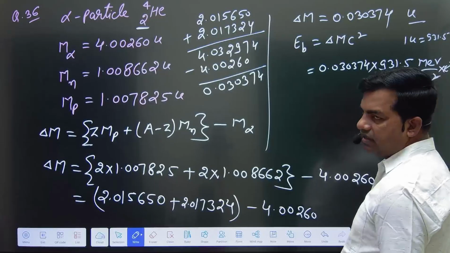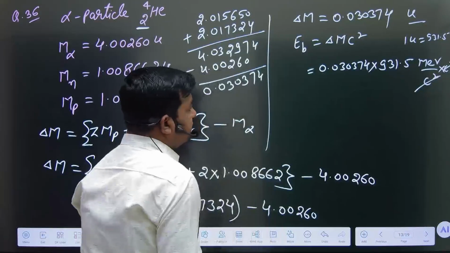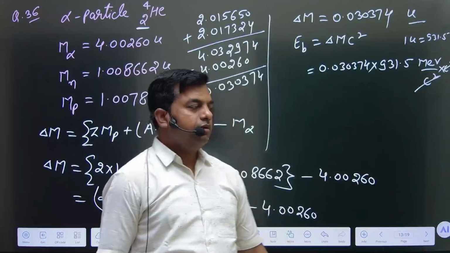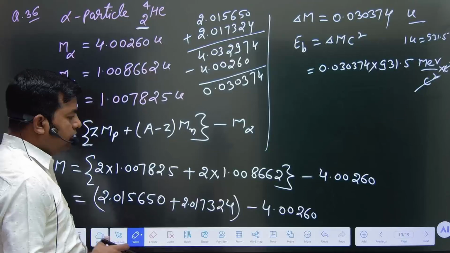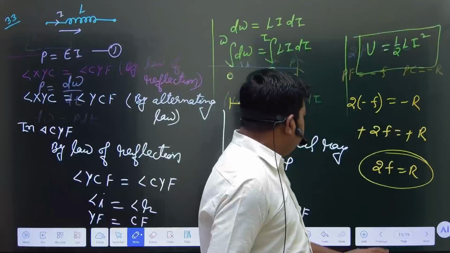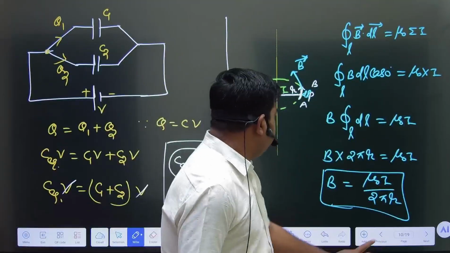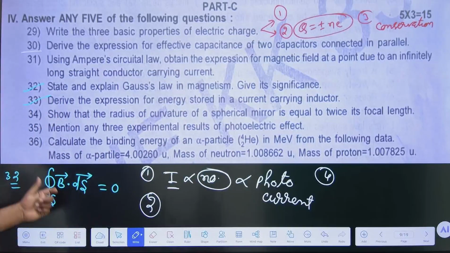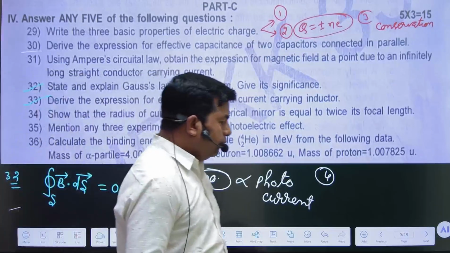C square and C square cancel. On multiplying, we get the final answer. Clear to you? This is the numerical to calculate the binding energy. Question number 36. Now we move to the next question.